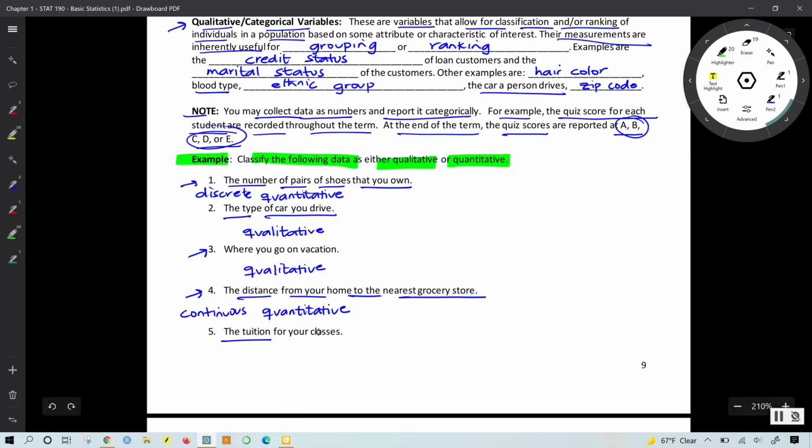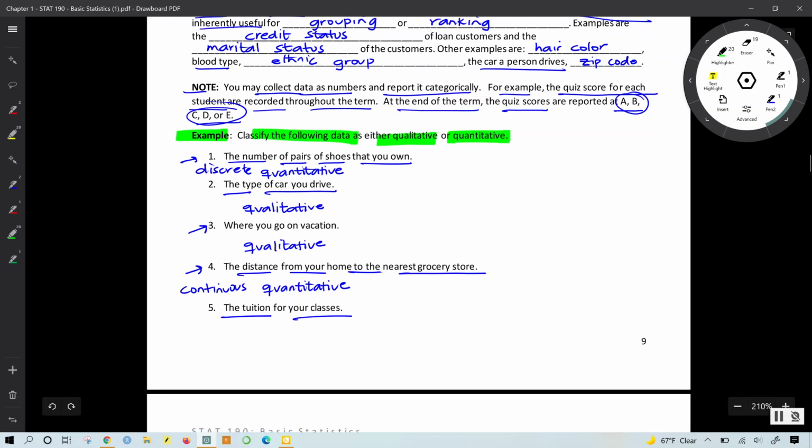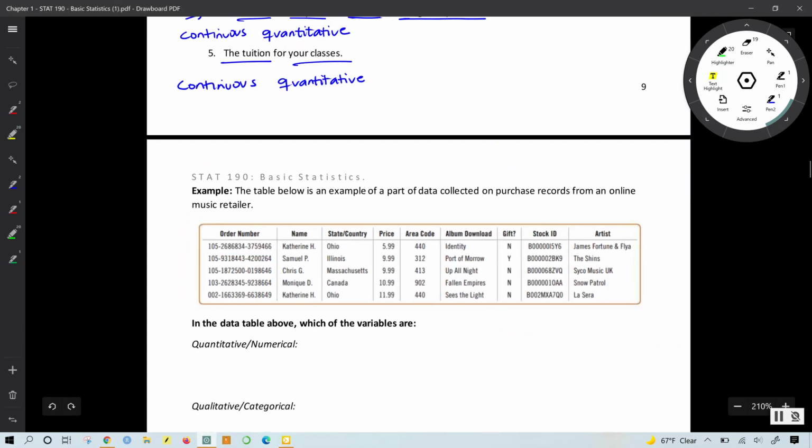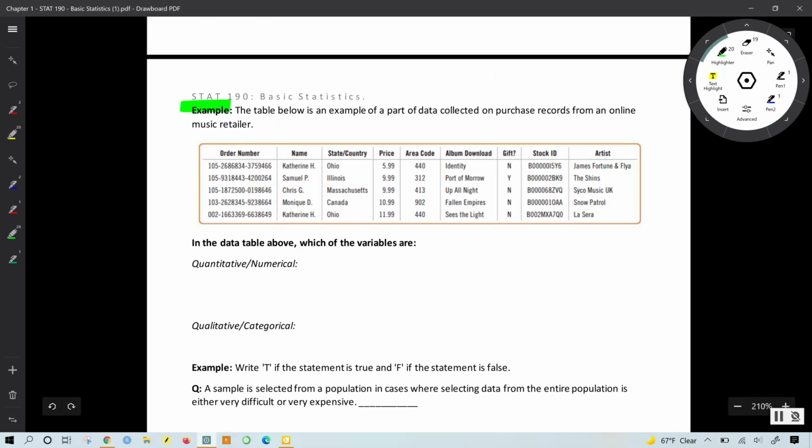Then the tuition for your classes, that is also quantitative. Do we count it or do we measure it? Actually, we measure the value, and so this is a continuous quantitative variable.